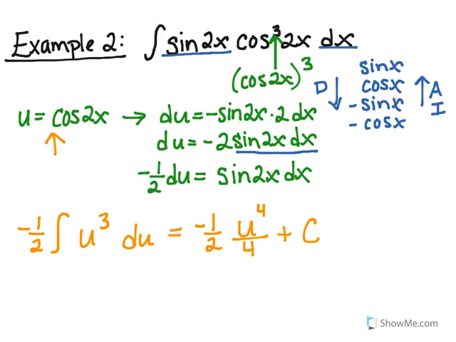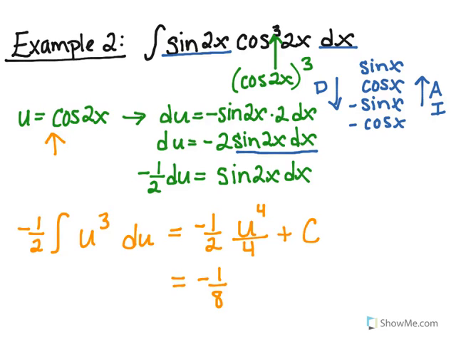So if I do negative 1/2, and then I have this u over 4, that's negative 1/8. And then u is the cosine of 2x. I'm going to raise that to the 4th power.